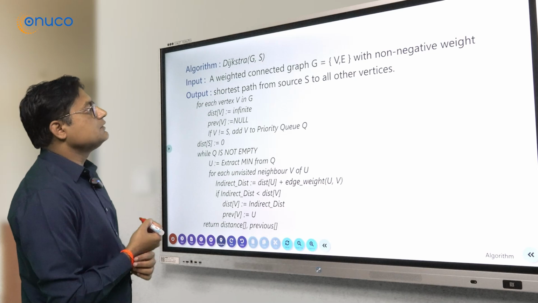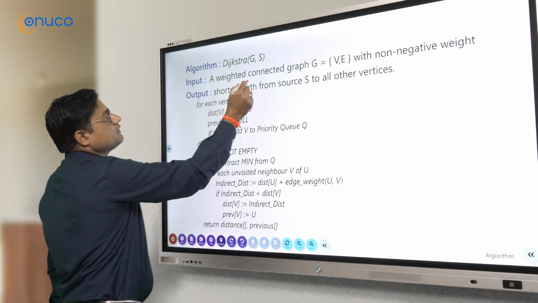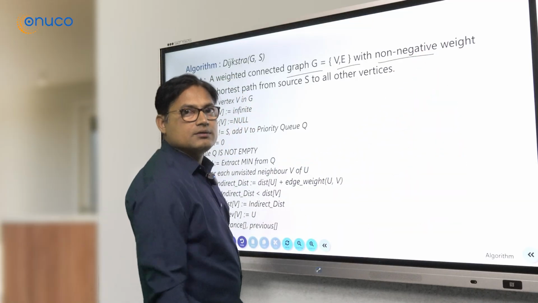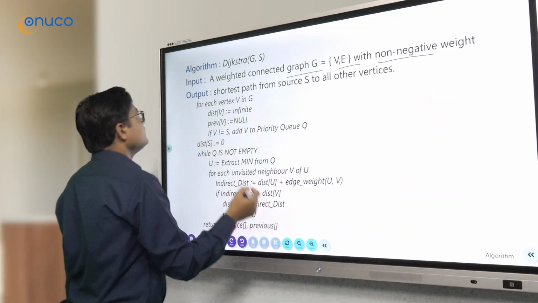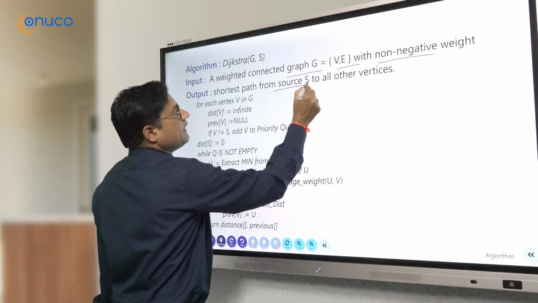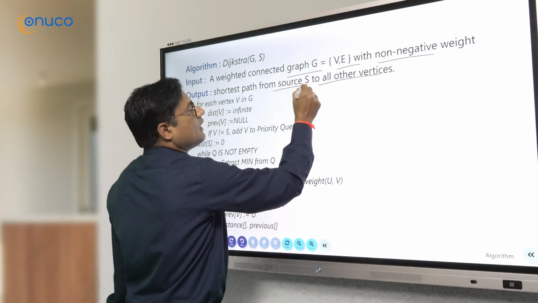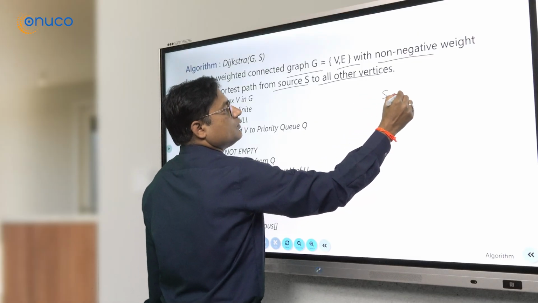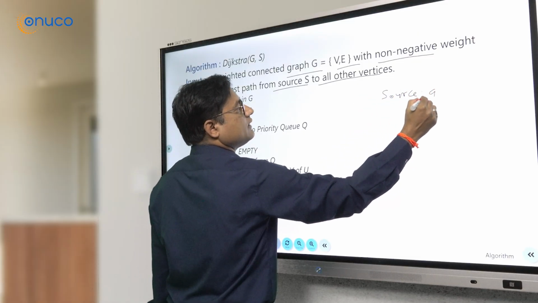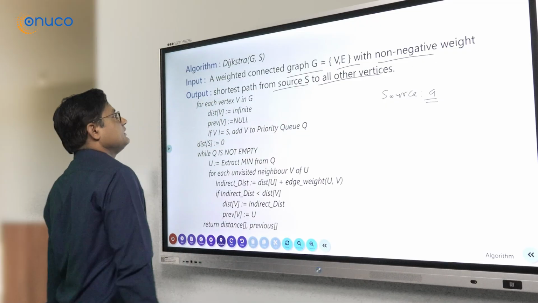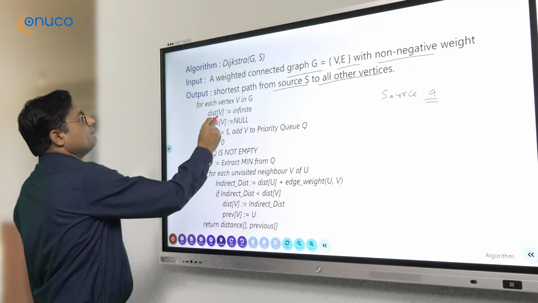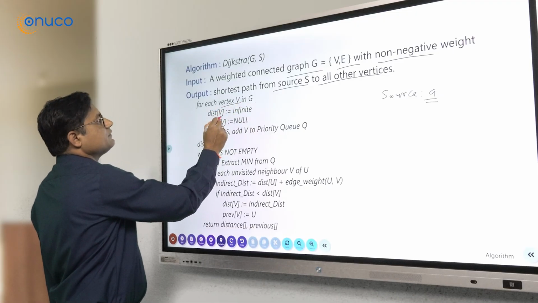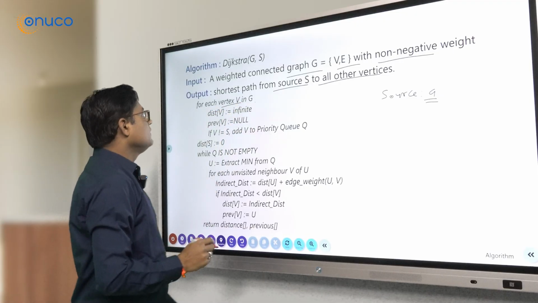Let us see what are the things we have done. Input is a weighted connected graph G, V, E with non-negative weights. As I said, 0 is also included. Output is the shortest path from source S to all other vertices, and in the previous example we have taken the source as vertex A. For each vertex V in G, distance of V is equal to infinity, right?